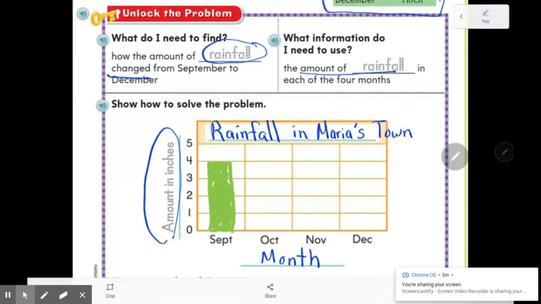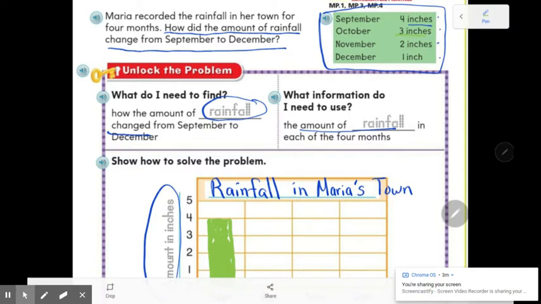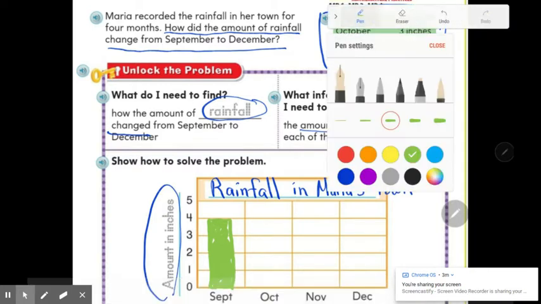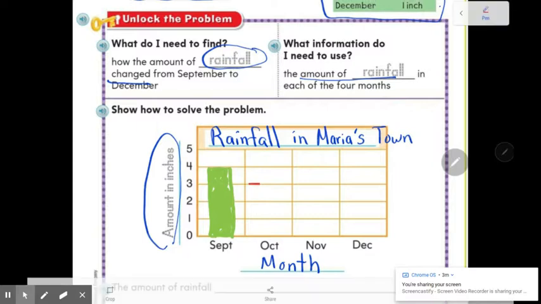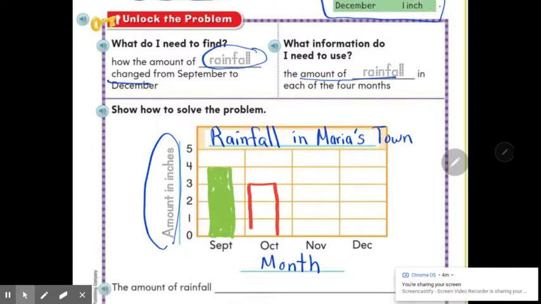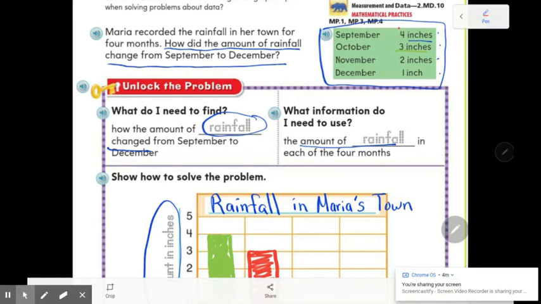Now, in October, it says 3 inches. So for October, I'm going to record on my bar graph 3 inches. So I'm going to go October, and I'm going to go to the 3 right here. Then I'm going to go to November, and in November it says 2 inches.